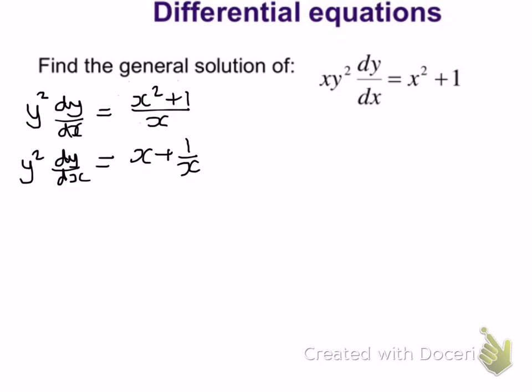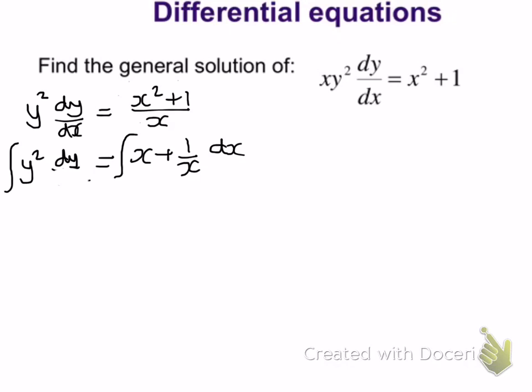And I can now rearrange this again to give y squared dy equals x plus 1 over x with respect to dx, and then integrate both sides.